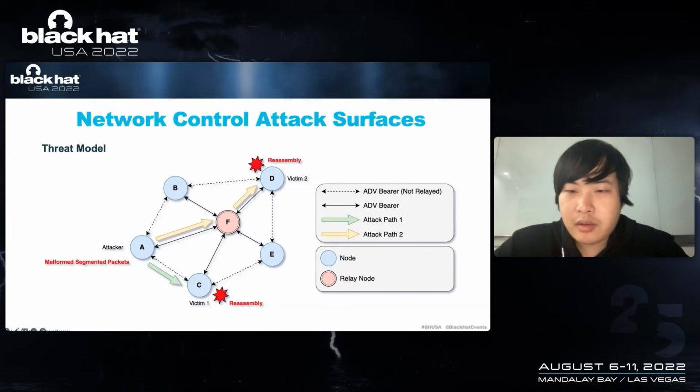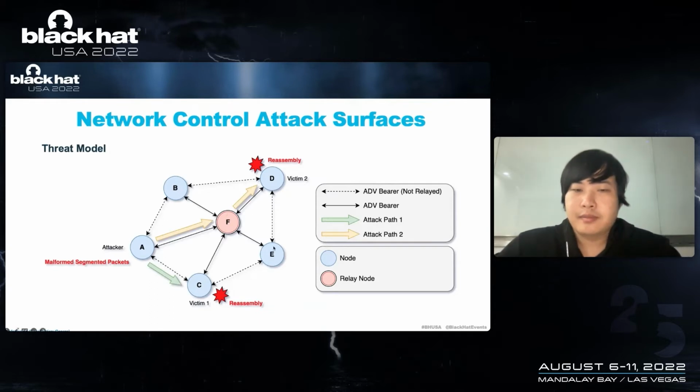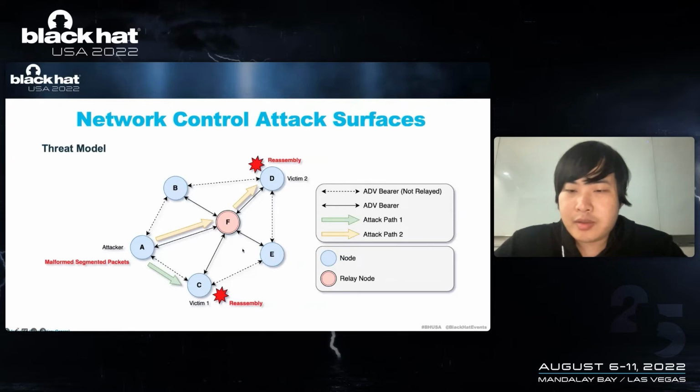The attacker device A can send the malformed segmented packet to the nearby victim device C, and it can also send to the remote victim device D with the help of the relay node F. So vulnerabilities will be triggered on the victim during the reassembly.